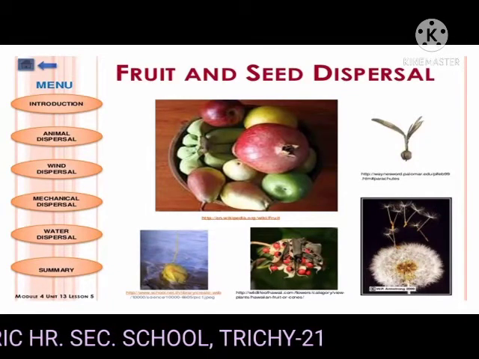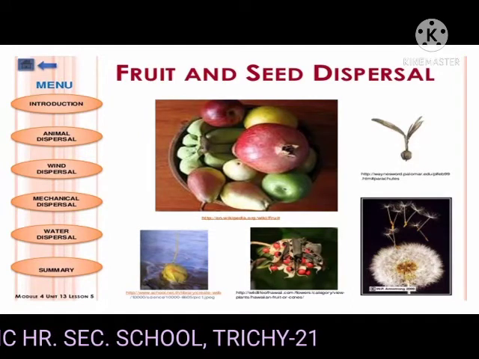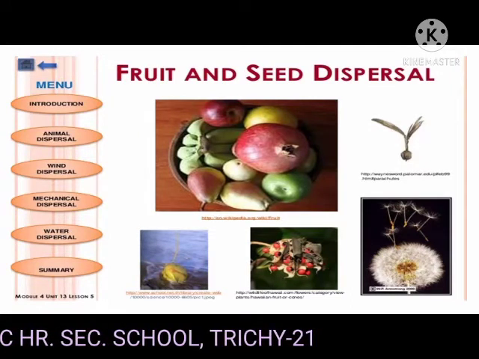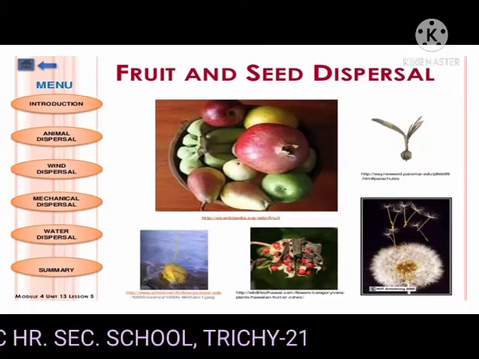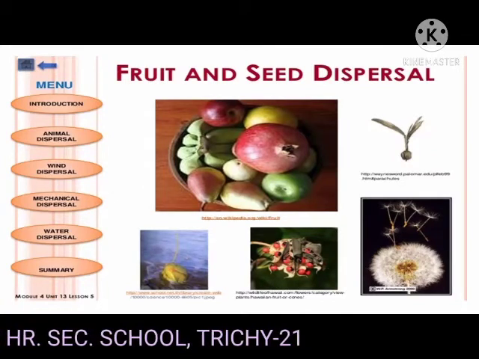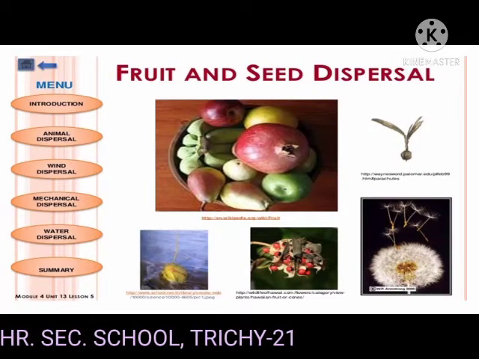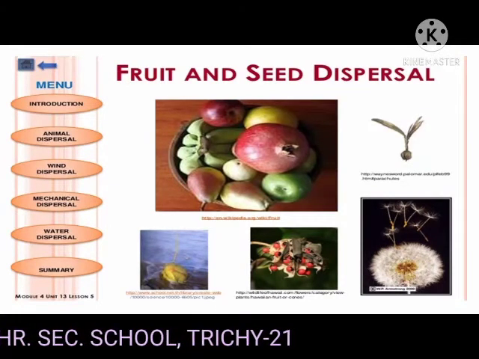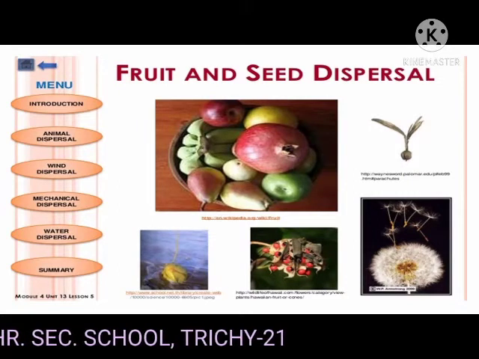Both fruits and seeds possess attractive color, odor, shape and taste needed for the dispersal by birds, mammals, reptiles, fish, ants and insects, even earthworm. The seed consists of an embryo, stored food materials, and a protective covering called seed coat.